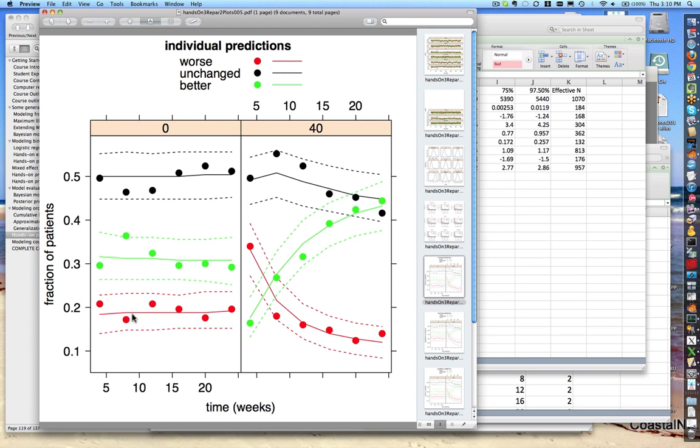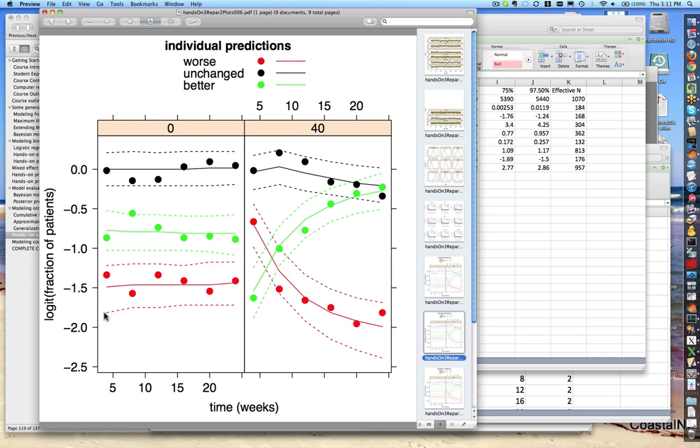Then I've overlaid the values for the observed fractions of patients, and you can certainly see what we're getting here. You can see the general behavior across all of these, and it does seem to capture the relationship pretty well.